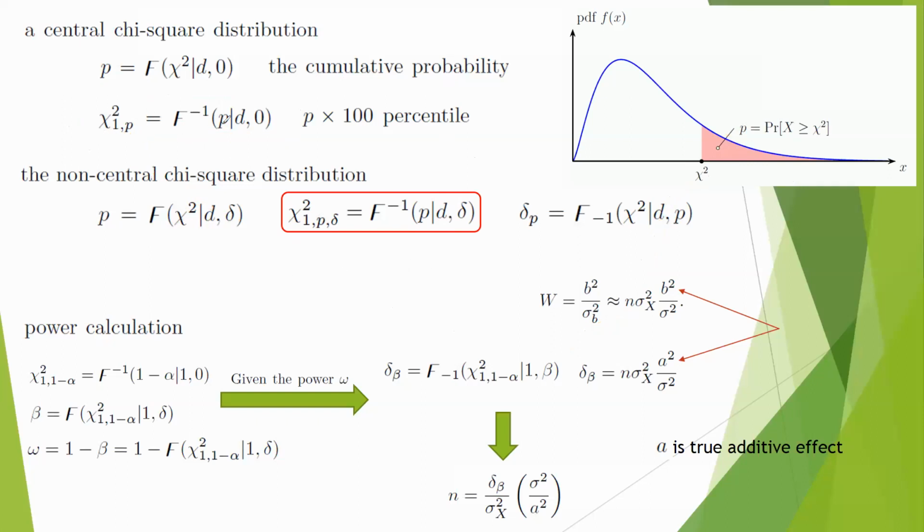Now this is for theta equals 0, the central chi-square distribution. And we do the same thing for the non-central chi-square distribution. The non-central chi-square distribution is similar to the central chi-square distribution, however, it is just moved towards the right-hand side.